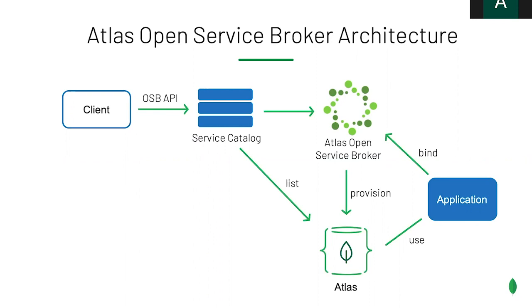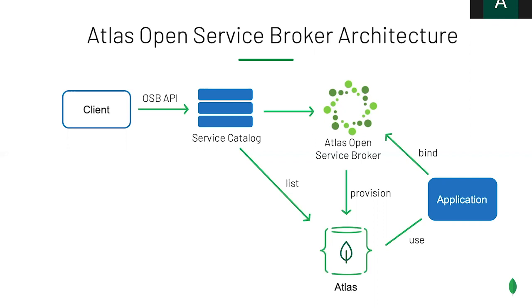Our clients would use the Open Service Broker API or the Catalog API to look at what services are available and request provisioning of the service. Once the provisioning is requested from a service catalog, Atlas Open Service Broker goes to Atlas and requests a MongoDB cluster to be created and provisioned.